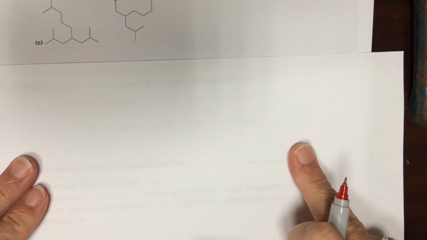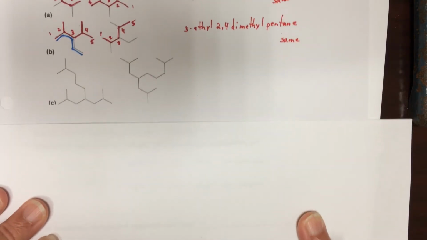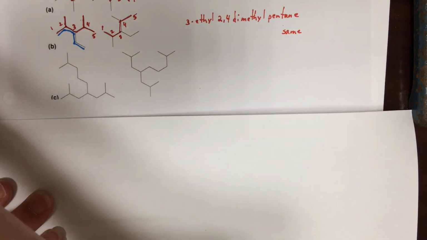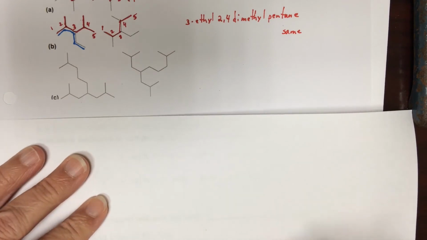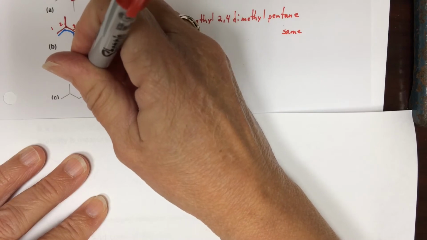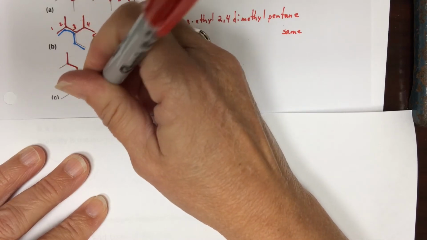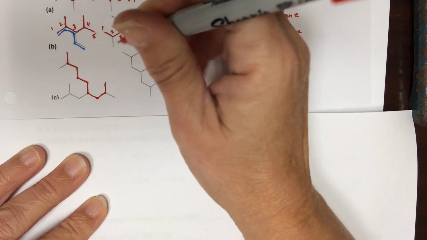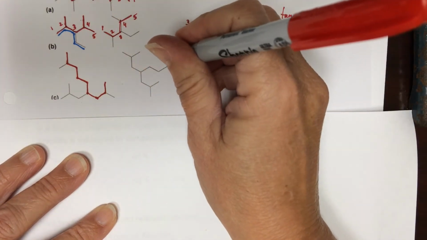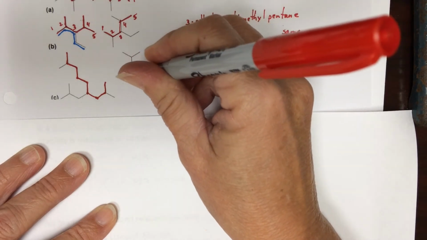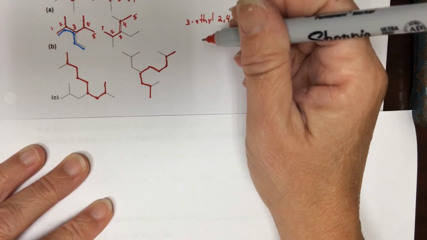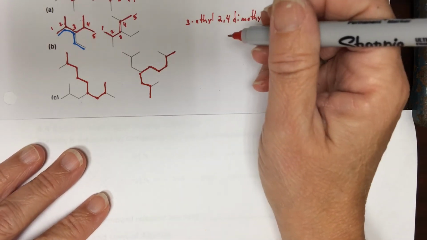Let's move down to look at these. So first we need to find the longest chain. And the longest chain here. We want to number our chains so that the substituents have the lowest number.